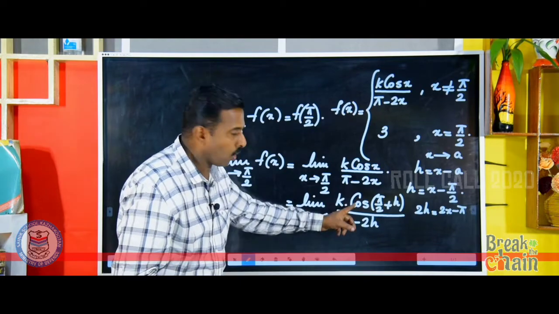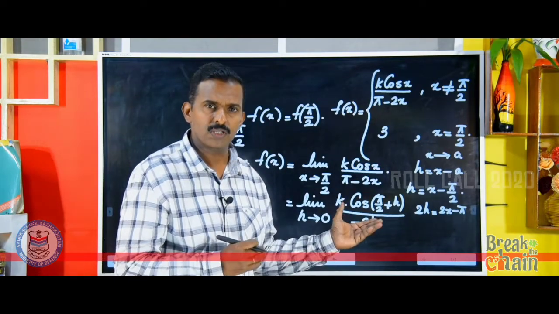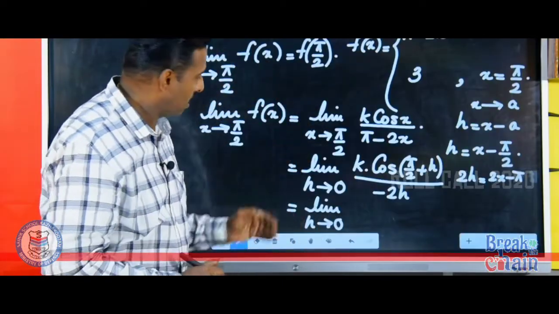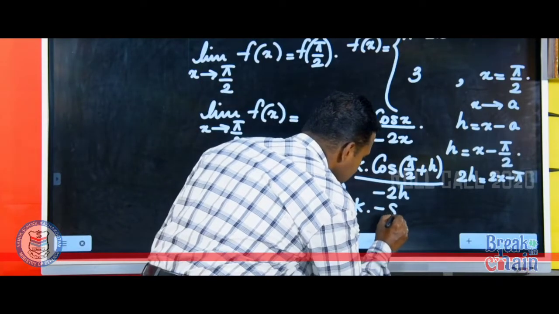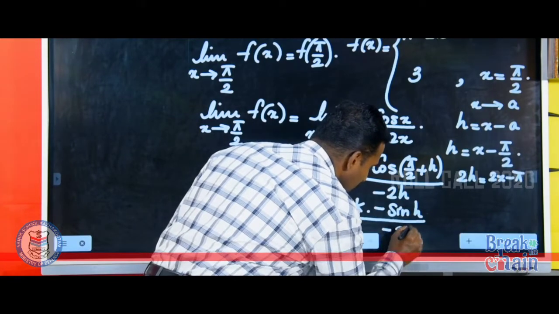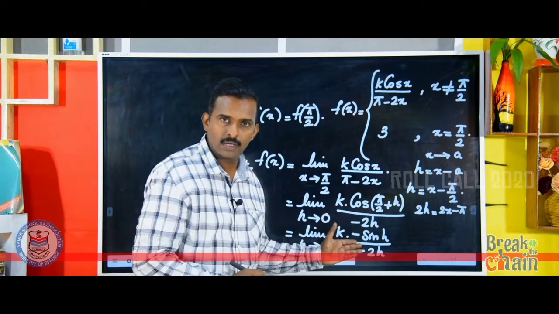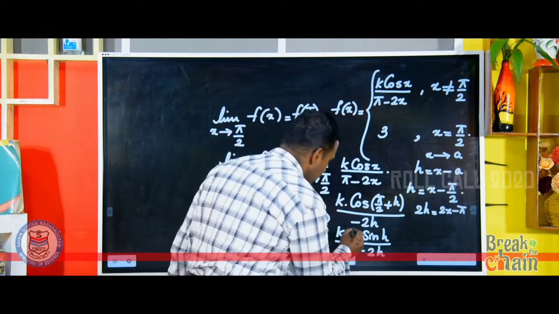Then cos pi by 2 plus h is minus sin h, because it falls in the second quadrant. Therefore next step changes as limit h tends to 0, k into minus sin h divided by minus 2h. That is a change. Yes? Now negative getting cancelled.